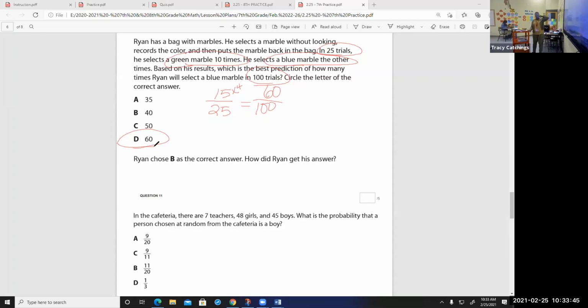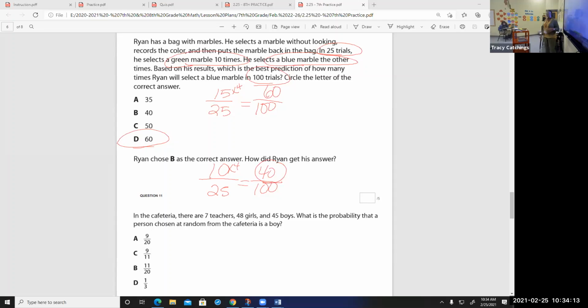All right, so then they said he chose B. How do you think he ended up with B? Don't tell me what he probably did. Tell us what he did. Green had 10 out of 25.